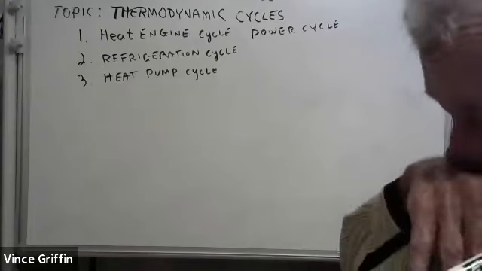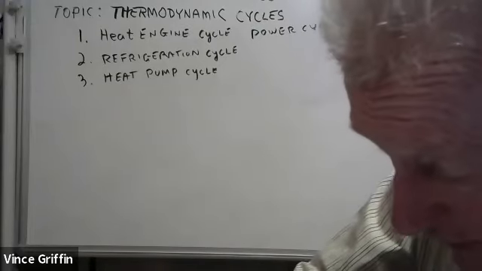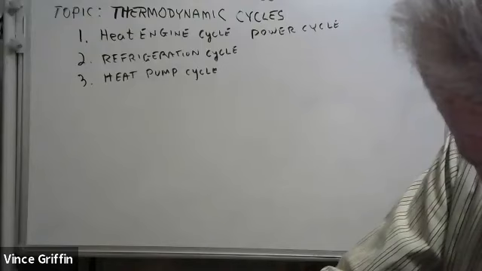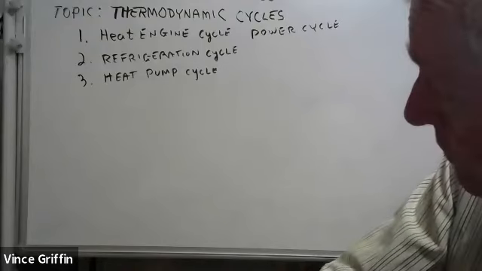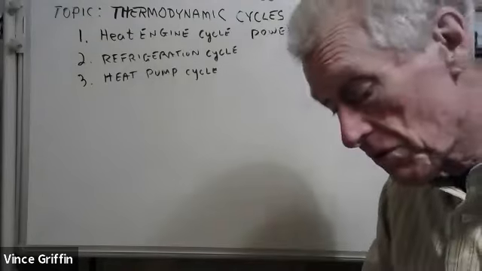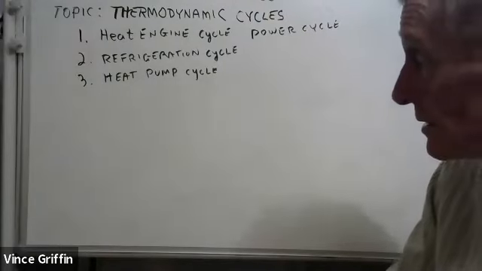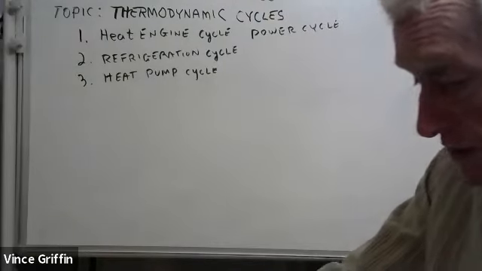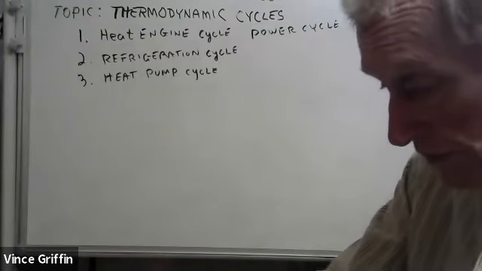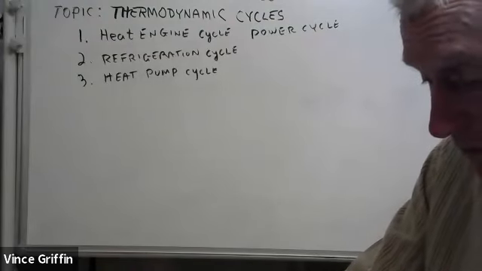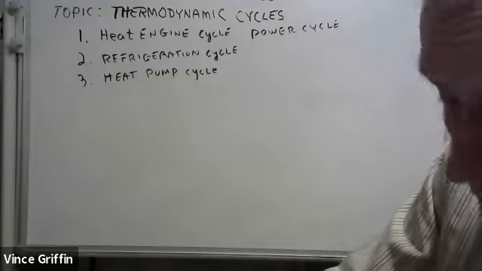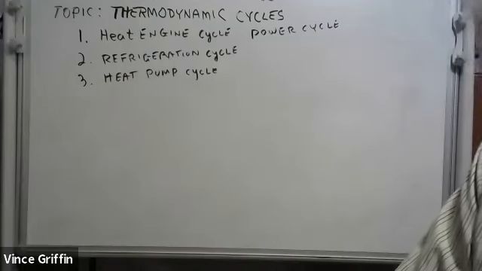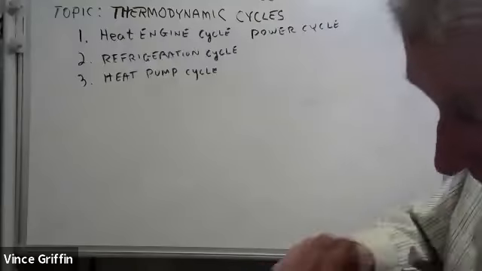Now the purpose of the refrigeration cycle is to cool off your hot dogs or your milk or whatever you want to keep cool, or your car or your home if you got air conditioning. The purpose of a heat pump cycle is to warm up your house in the winter. You want to try to keep warm. So they all have different purposes. So let's do them one at a time. Talk about the heat engine cycle, unless you have a comment or question.